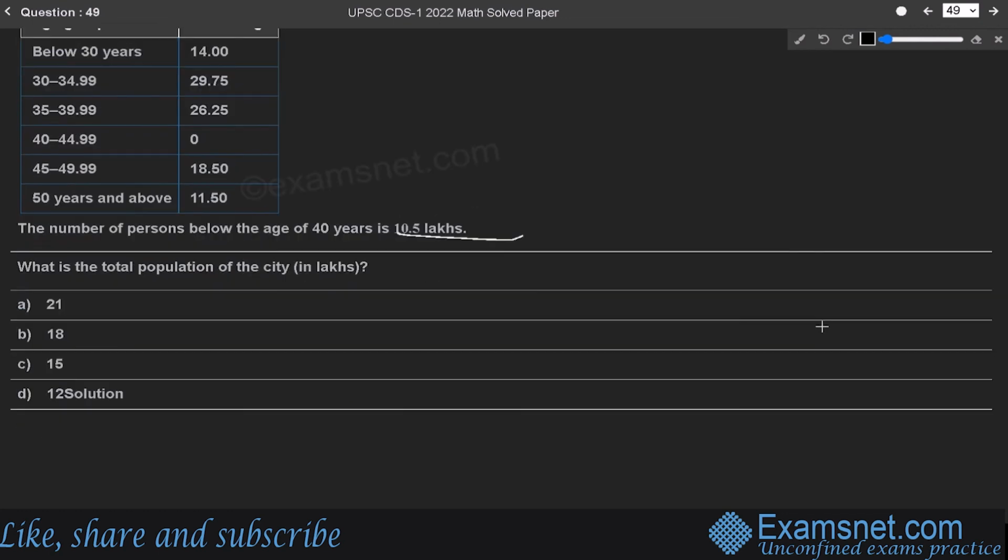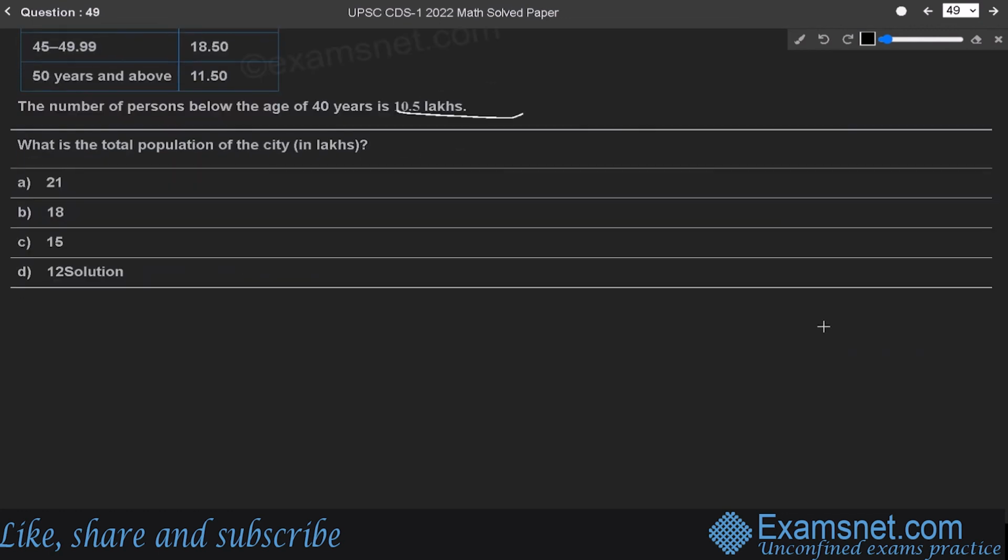And we know that percentage is equal to value upon total value into 100.